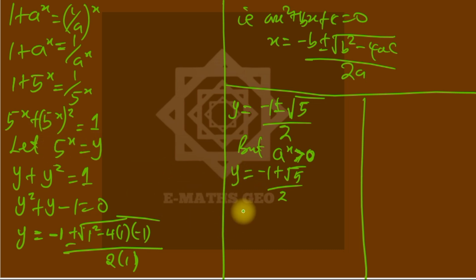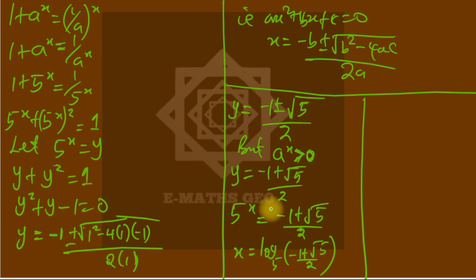So let's now continue. We now go back. We substitute y as minus 1 plus square root of 5 over 2. So from here you see that x, the relationship between logarithm and indices, if the base goes over, is now log base 5 of minus 1 plus root 5 over 2.